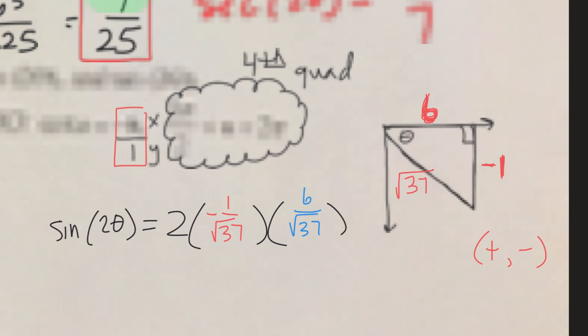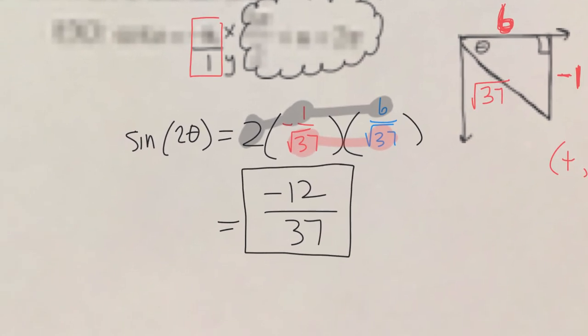Cosine is adjacent over hypotenuse. So when I multiply these together, and I do 2 times negative 1 times positive 6, that gives me negative 12. And then the denominator, when I do root 37 times root 37, I get 37.